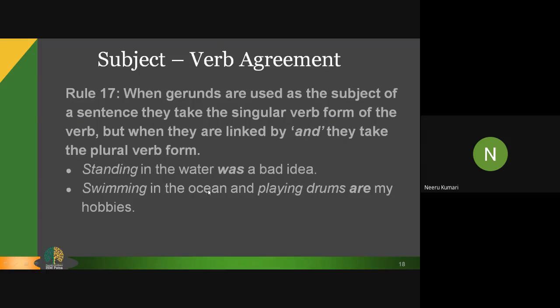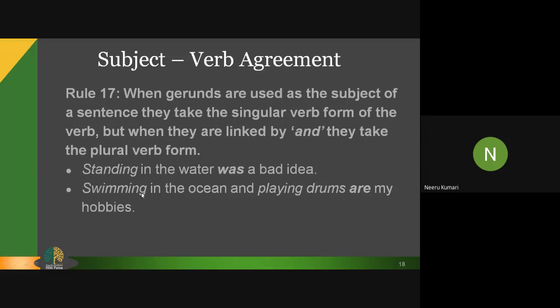As we have already discussed, whenever there are two subjects, always remember the verb form that is accepted is are in the present tense, were in the past tense. So please keep in your mind that whenever we are talking about two different subjects followed by gerund, for example, swimming in the ocean and the second one, playing drums.